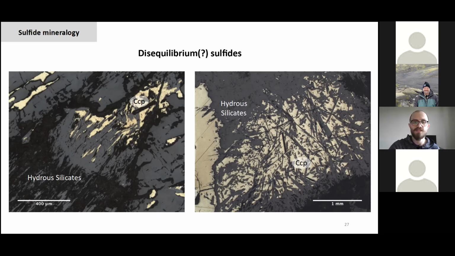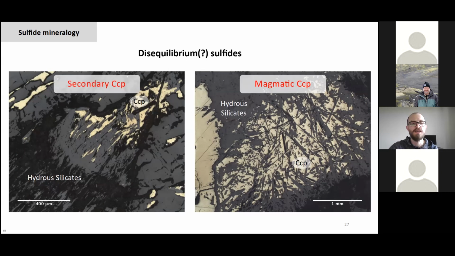And so we suggest this texture represents the replacement of magmatic chalcopyrite by actinolite. This is obviously not the case with the image on the left, given the preferred orientation of the actinolite blades. And so we suggest that this texture represents the precipitation of secondary chalcopyrite from a hydrothermal fluid along with actinolite.